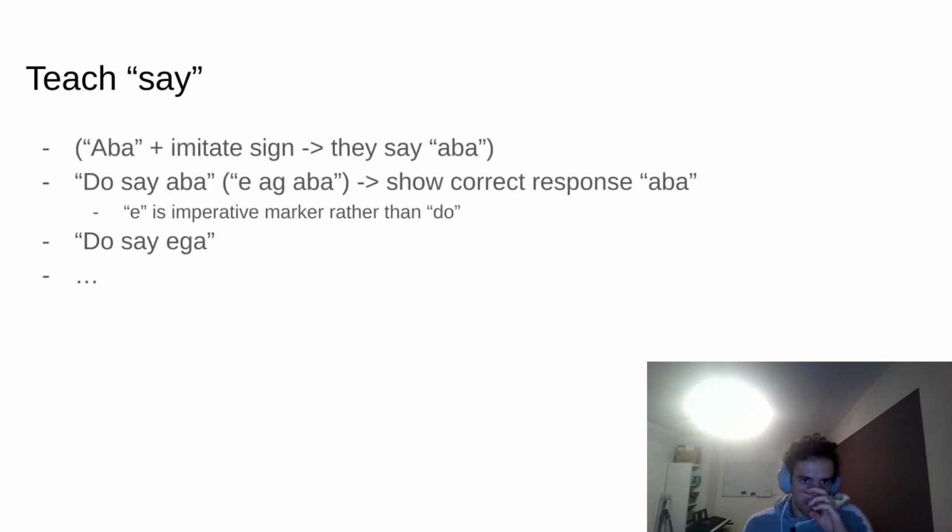Then the second to last thing is teaching "say", which is basically the voice imitation command, only that we now have a word for "say" that we put in front of what should be said. So we basically say "say" and then some tone sequence, and they are supposed to say the tone sequence then.